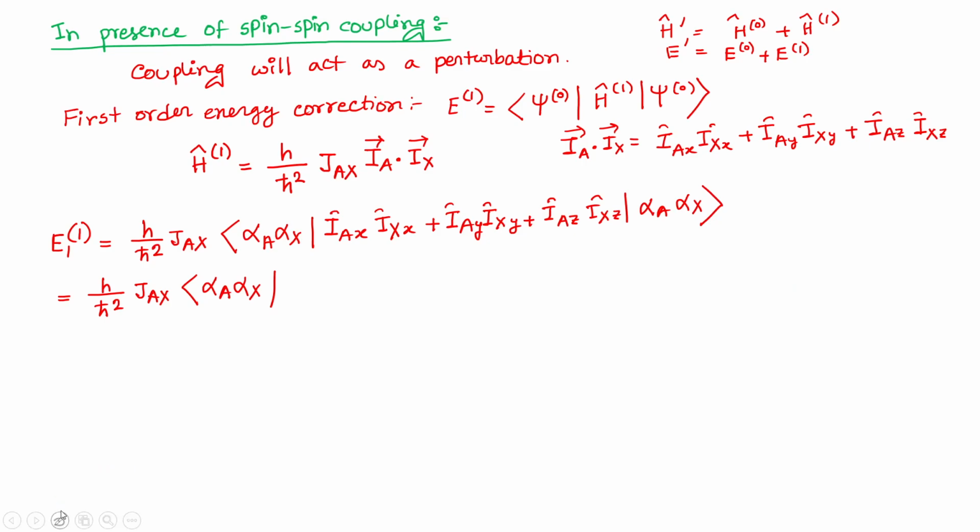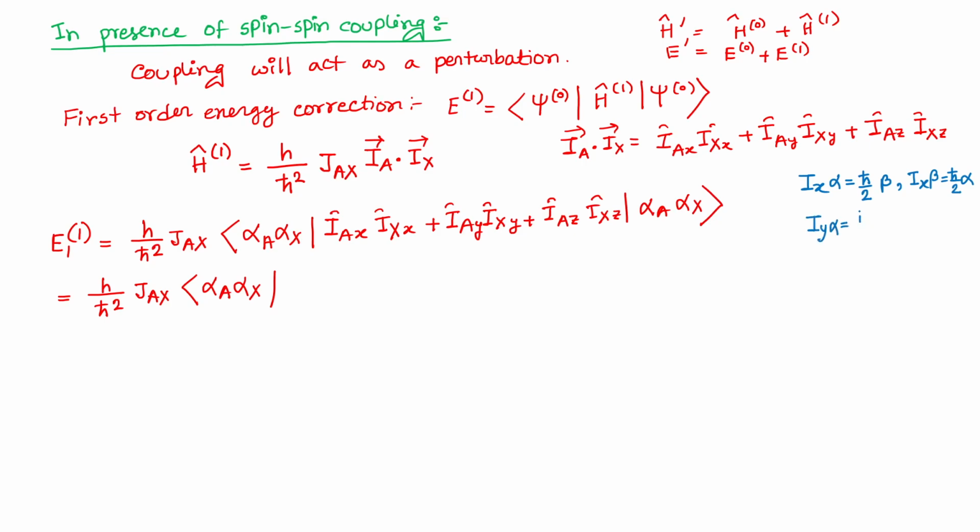So I will write those formulas again here. I_x on alpha will be given by h cut by 2 beta, not an eigenvalue equation. I_x on beta will be h cut by 2 alpha. There is no change in sign but a change in wave function.